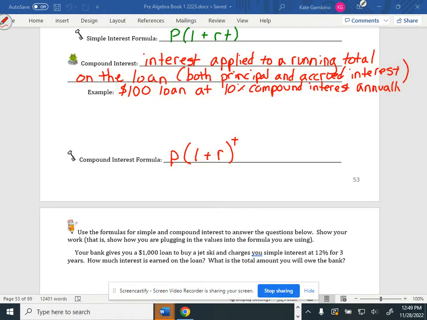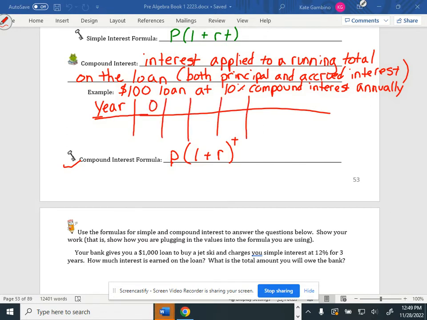So remember when it was the simple interest, it was 100, 110, 120, 130, 140, 150. Let's see how this changes over time when it's compound instead of simple. So we're going to make our same chart. We've got our year. So we've got to start with our principal, after 1 year, 2 years, 3 years, 4 years, and 5 years.